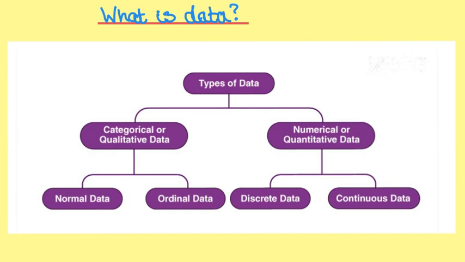Qualitative are things like colors, anything that is non-numerical. Quantitative is numerical data, and that can be split up into two subsections: discrete and continuous data. And it is the discrete and continuous data we're going to discuss.